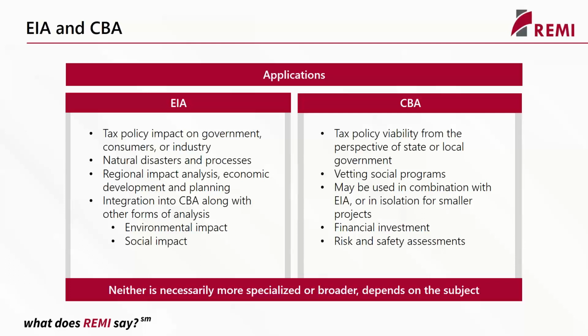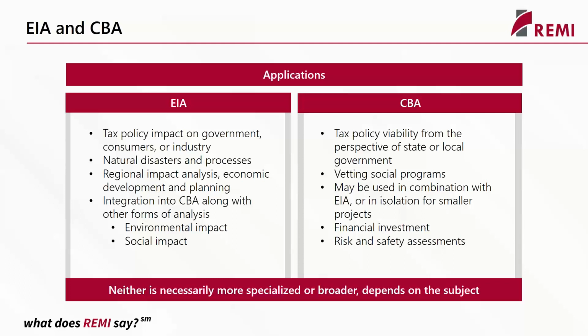Kind of how I'm visualizing it now, and I'm sure there'll be others with a better perspective on this, I'm visualizing cost-benefit analysis as being something that can be very limited in its scope, or it can be very broad. Meanwhile, economic impact analysis tends to have the same kind of definitions, right? The same contributing factors of GDP and employment and what have you. But the scale of it is dependent on the region, on the sector, what have you.